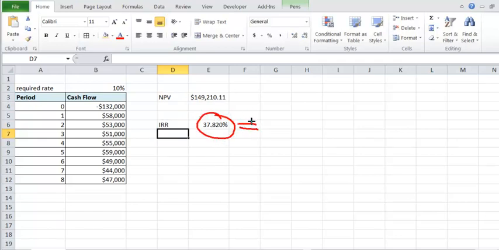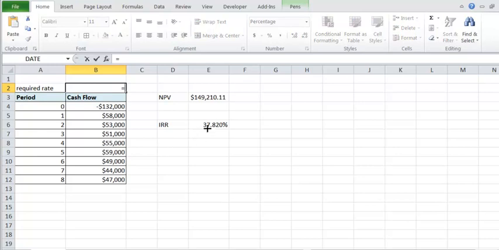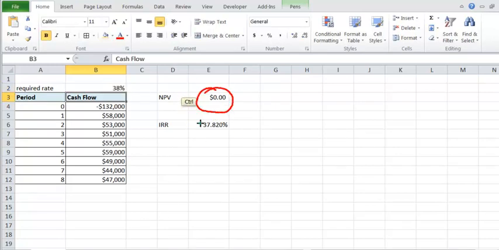IRR comes as 37.820. That means at this required rate of return, your NPV will be equal to 0. Just to make sure that our IRR is correct, I will change the required rate of return and make it equal to this IRR, and see what will happen to NPV. See, this NPV has become 0.